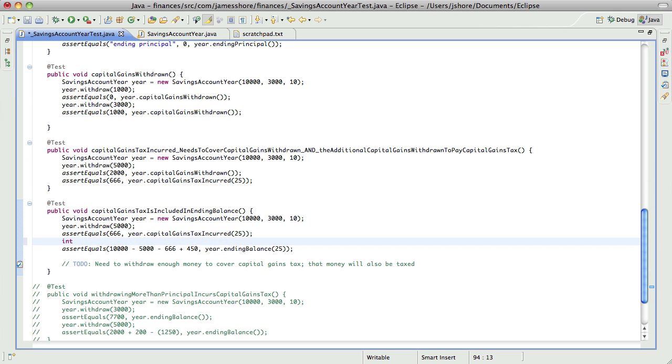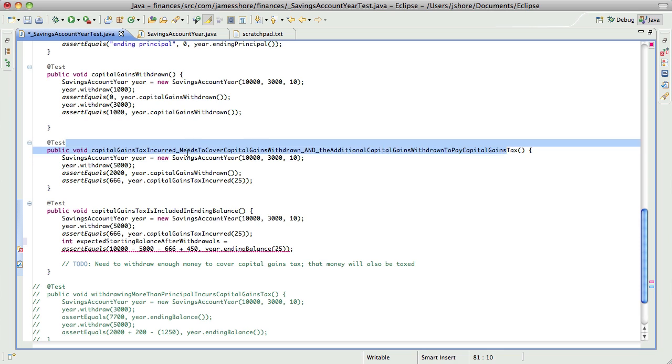Our int starting balance after withdrawals should equal, let's call that expected starting balance. I use these really long names, especially like this one, in my tests because I'm never going to type it again, and I really want it to be clear what's going on.